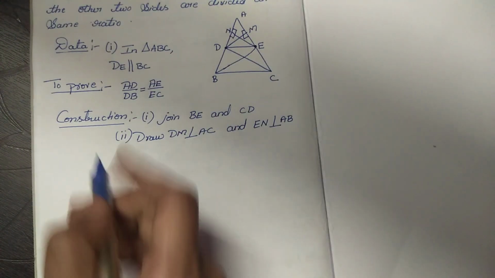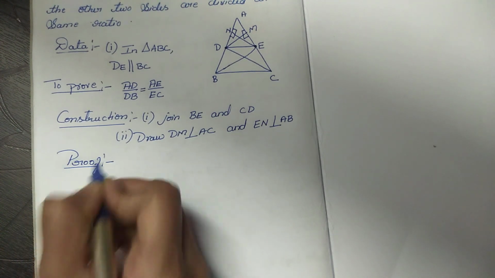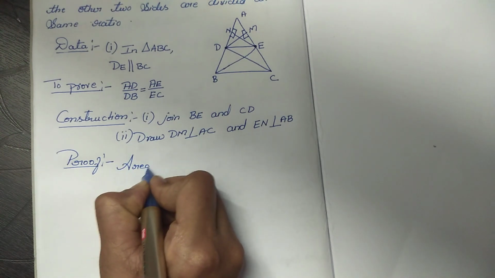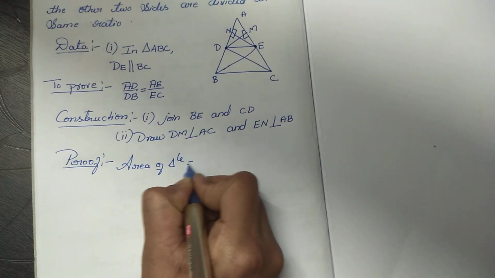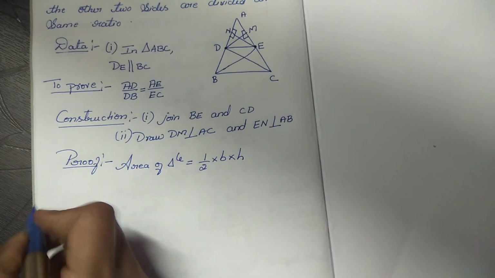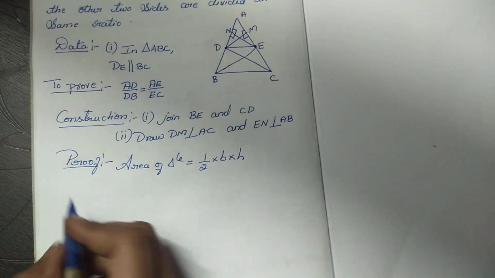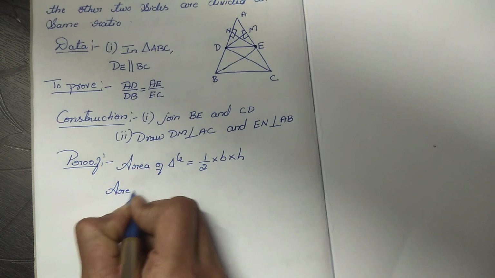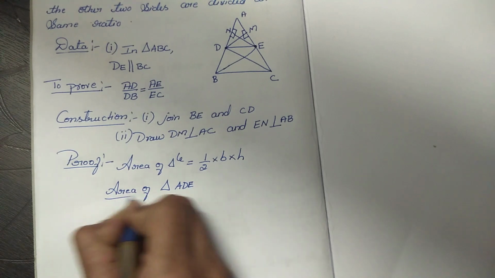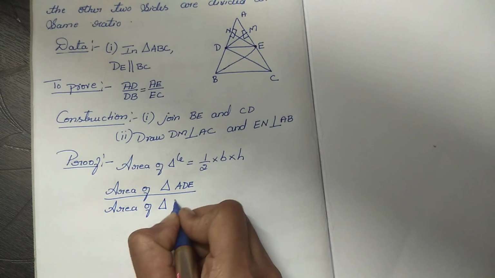Next, going to the proof section. We all know the formula for area of triangle: area of triangle is half into base into height. As per this formula, we have to do the proof. Area of triangle ADE divided by area of triangle BDE.